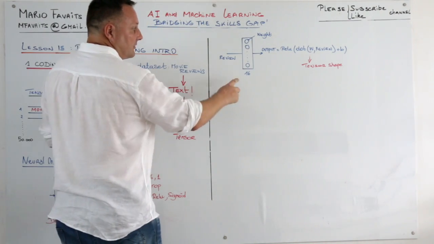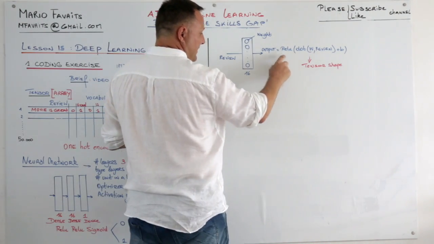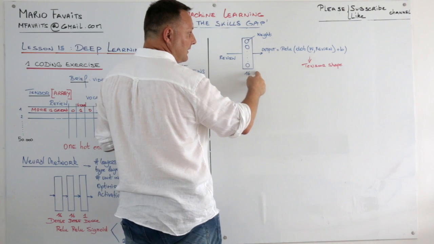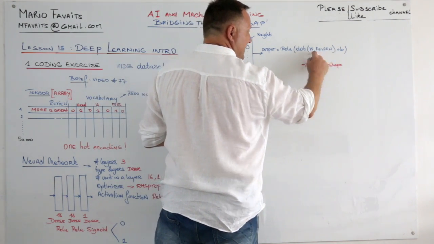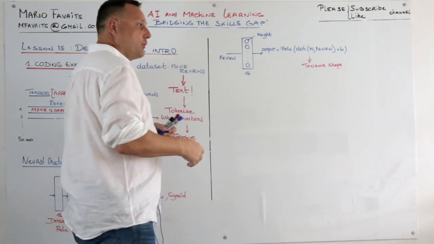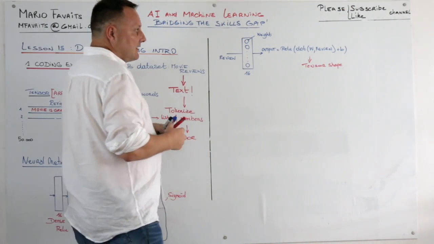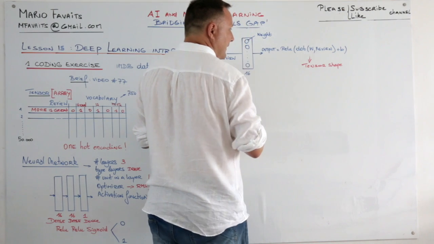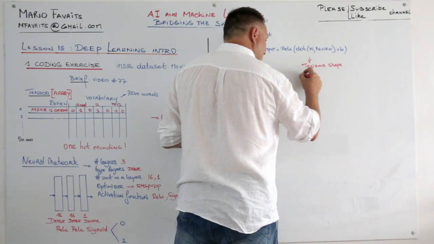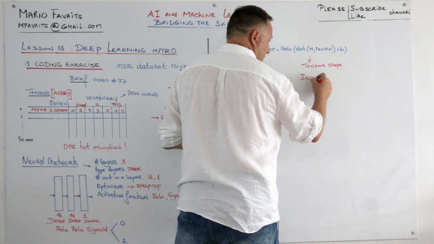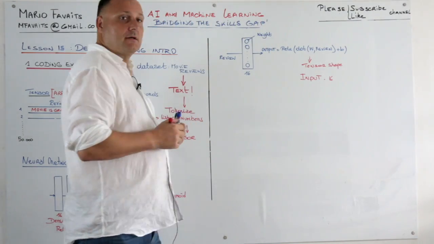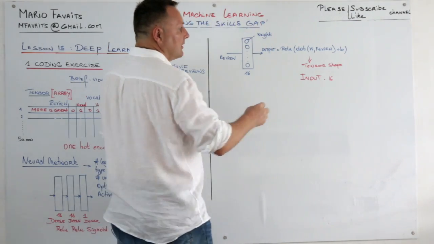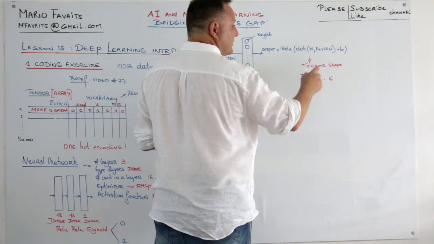The output of that unit will be the relu, because there is a relu layer here as well, of the dot product of W and the review plus B. W are your weights. The shape will be the number of inputs times 16. This will be the shape of the dot product of W and your review.